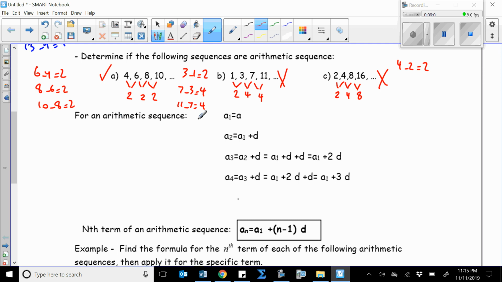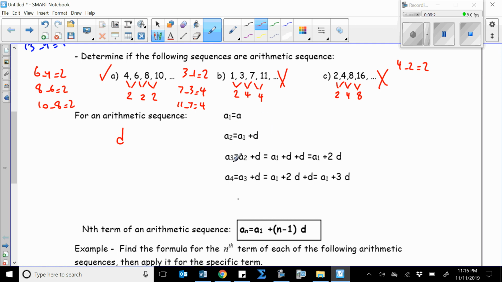So in an arithmetic sequence, the first term is A1 and the difference between terms is D. So to find the next term, I'm going to take the previous term and add D to that one. So it will be A1 plus D.